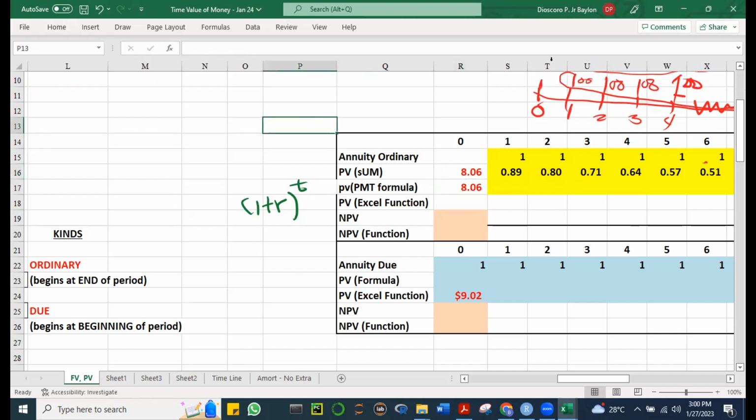$8.06. Okay, let me pause for a while and ask everyone to give me feedback if they were able to get 8.06 using the PV function of Excel and using the fact that we have an annuity. So we replaced the PMT with 1.